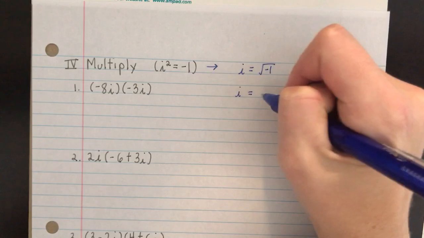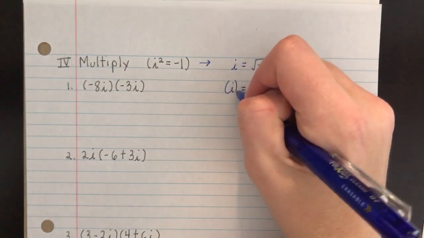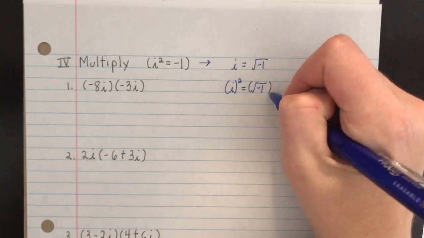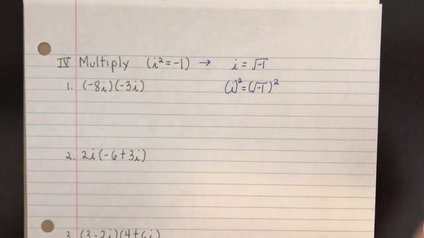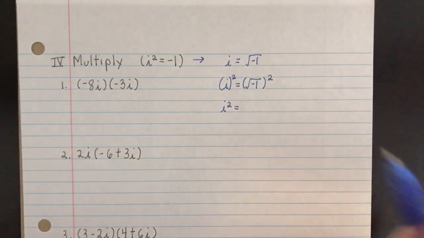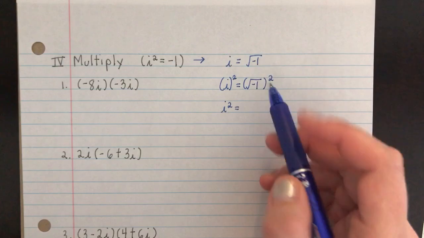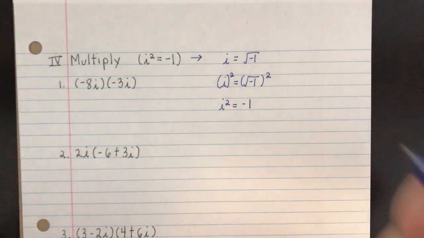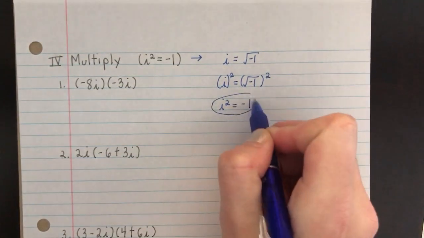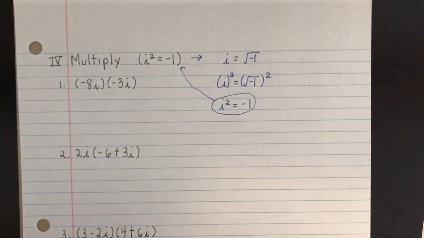If I want to know what i squared is, then I square each side. And so i squared would be the square root of -1, squared. What happens to the square root and the square here? Well, they cancel, and that leaves me with -1. So that kind of proves that i squared equals -1.